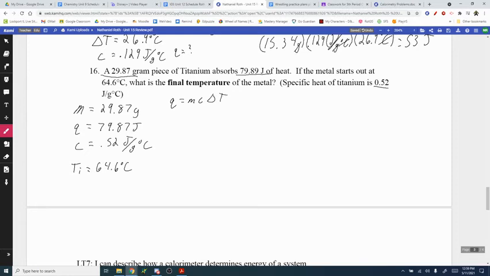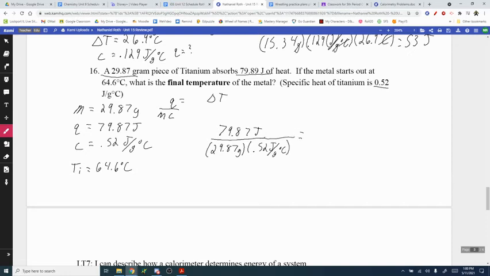Okay, so our equation, Q equals MC delta T. We need to find delta T. So to do that, we have to divide both sides by MC. So M and C cancel out, and we're just going to erase those. So Q over MC equals delta T. So our Q, 79.87 joules, divided by our M, 29.87 grams, times our C, which is 0.52 joules per gram degree Celsius.